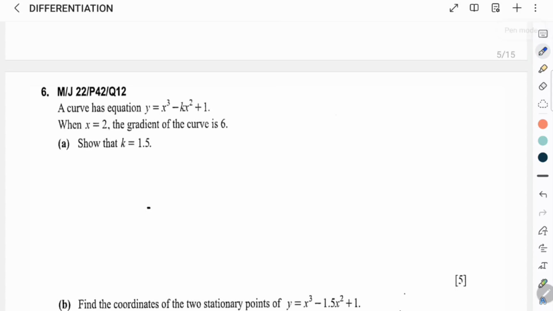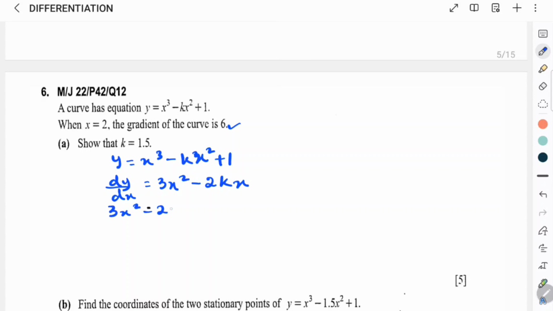curve is 6. Okay, so again y is equals to x cube minus kx square plus 1, dy upon dx is equals to 3x square minus, then what do? You will just find out the 2k, multiply 2 with k, 2kx only, and constant is 0. So the gradient of the curve is 6. It means that 3x square minus 2kx is equals to 6.